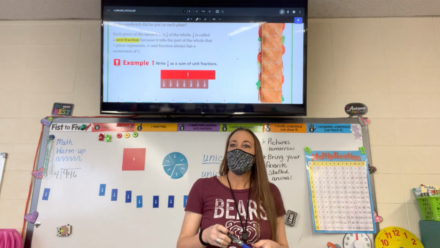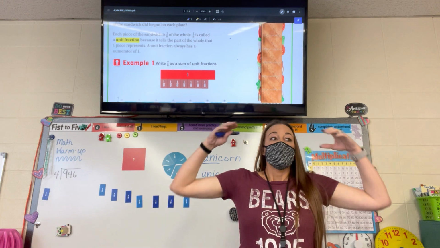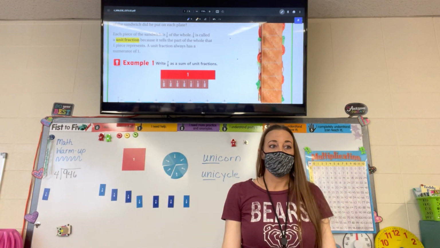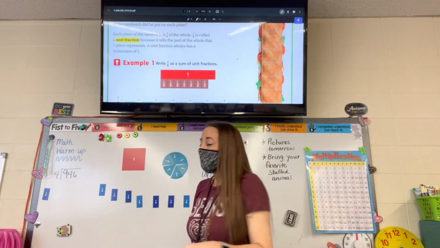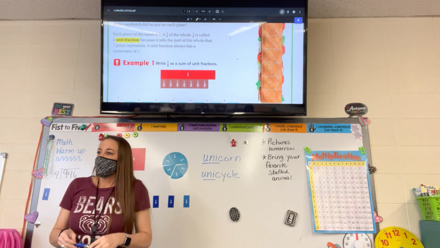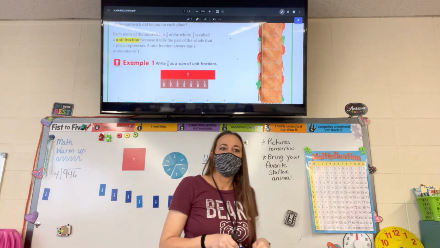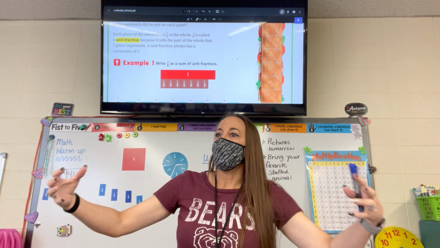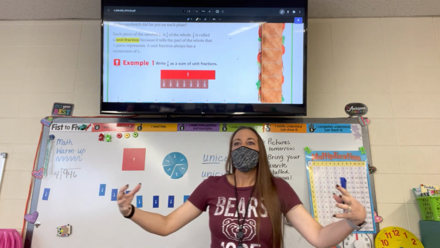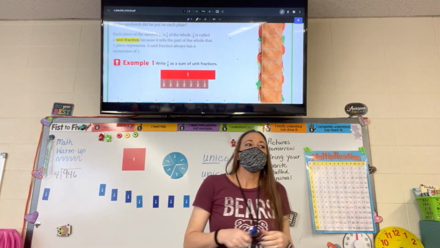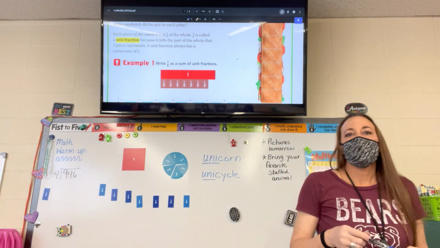Dakota? Universe. Everything is in the one universe, our universe, right? What about unity? What does unity mean? We all come together in one belief or one big group, okay? Any other words you can think of that start with that uni?